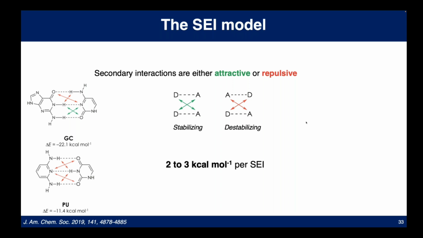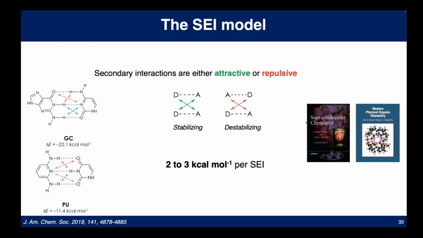And these are all 2 to 3 kcal per mole. By now, this is standard teaching material in physical organic chemistry and supramolecular chemistry. But notice, this is a hypothesis, and it is not proven by any bonding analysis.